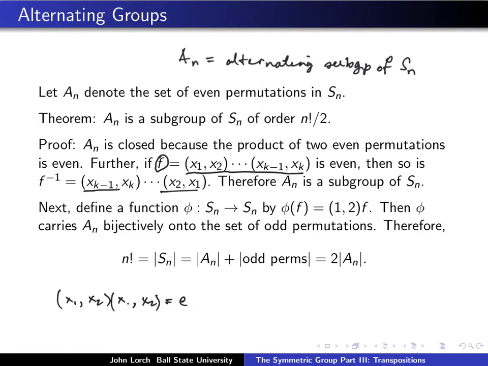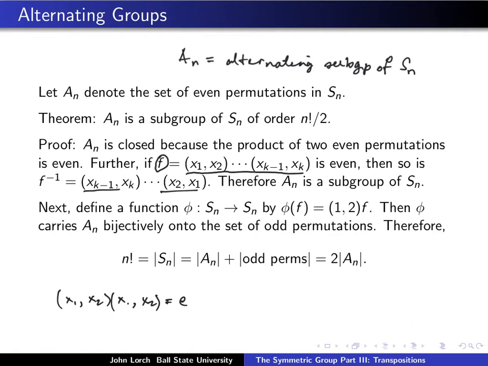So the inverse of this f can be obtained just by reversing the order of the transpositions. And if we simply reverse the order, that doesn't change the fact that there are an even number of them, and so f inverse also lies in A sub n. So this alternating object is in fact a subgroup of the symmetric group.